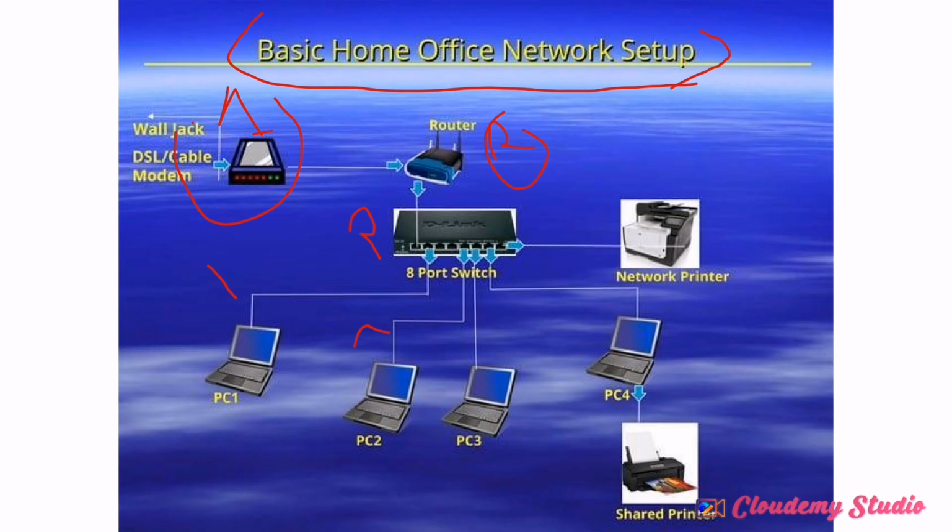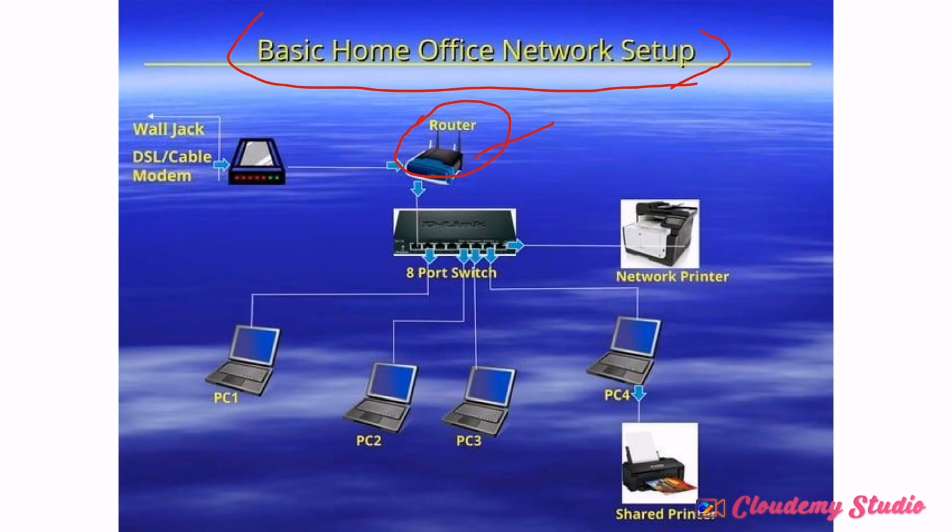So the main concept that is here is this. Have you seen these computers, PC 1, 2, 3 up to 4, and the printer there? You cannot connect all of them to this router, because most routers have 3 ports for connectivity, and some have 2, some have 1. The main purpose of the router is wireless connection, so you can connect wirelessly.